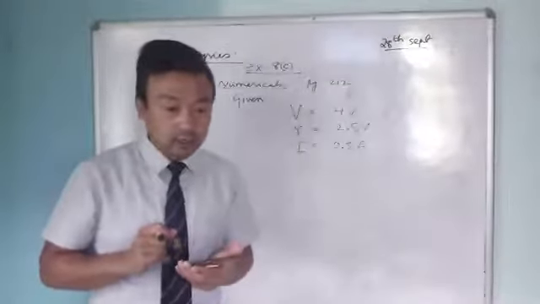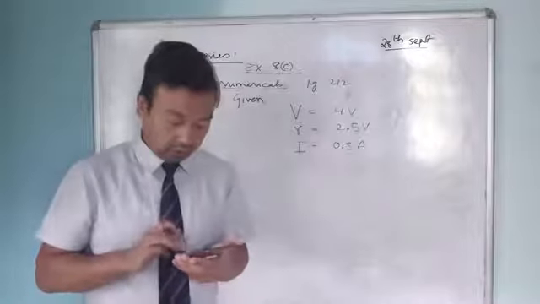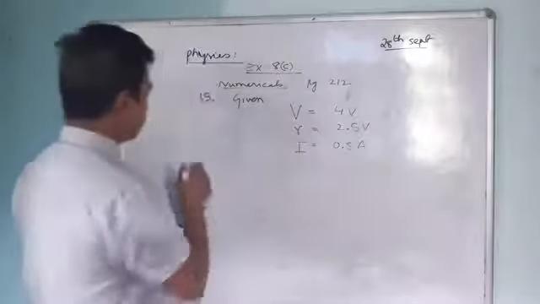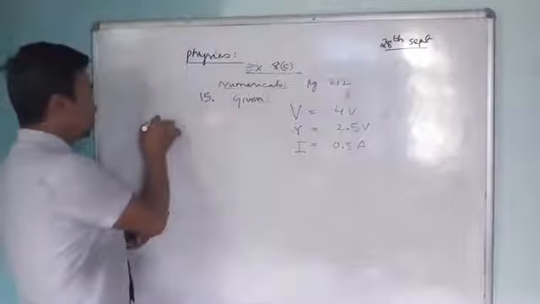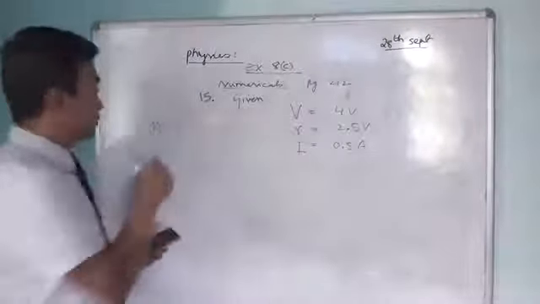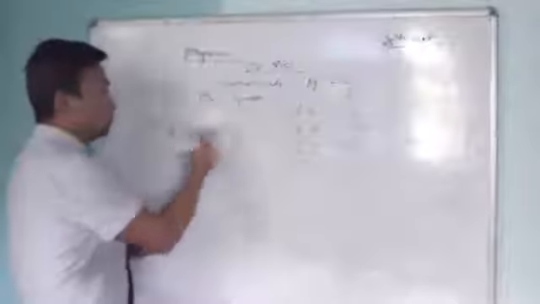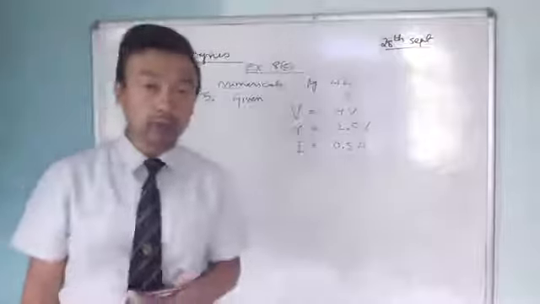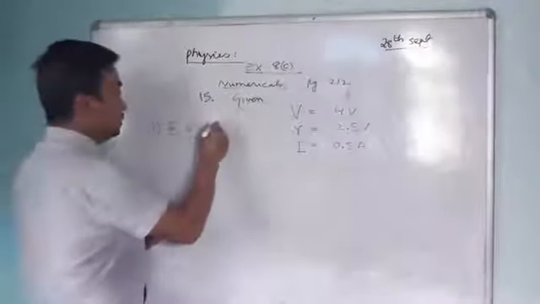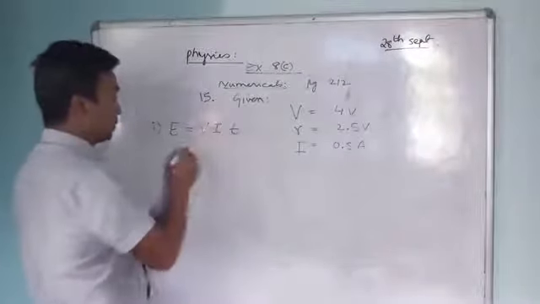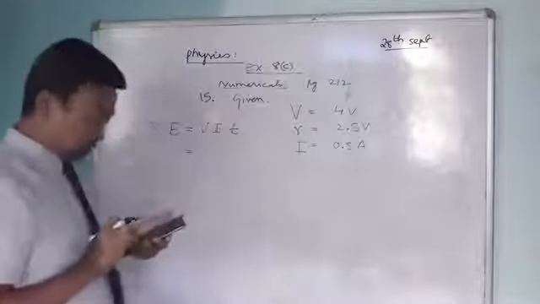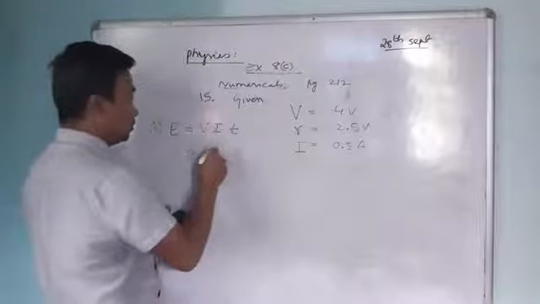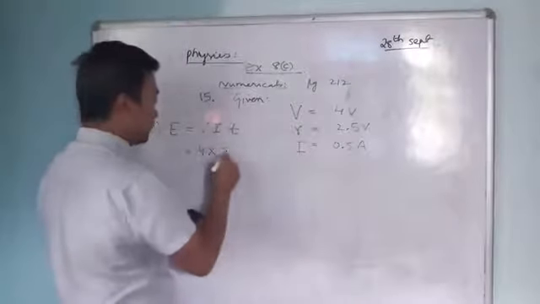Now you have to find two things. First, the total energy supplied by the battery in 10 minutes. When you are given V, R, I, which formula are we going to use for the energy? V I t, the first formula. This is the total energy supplied by the battery. What is the total potential difference? 4. What is the current? 5 by 10.